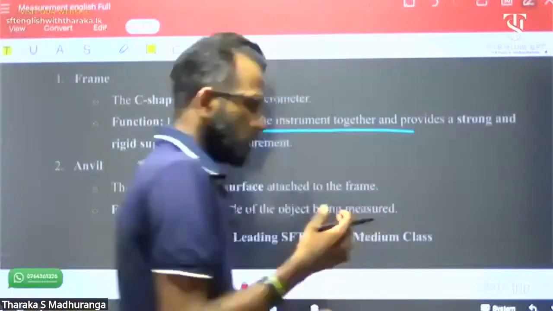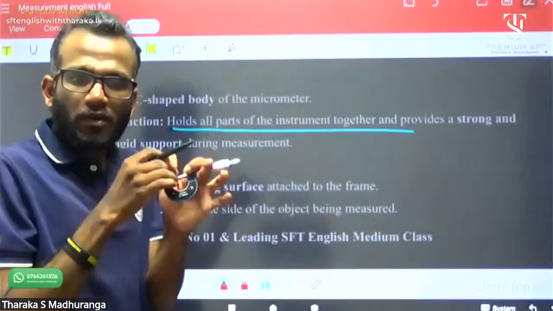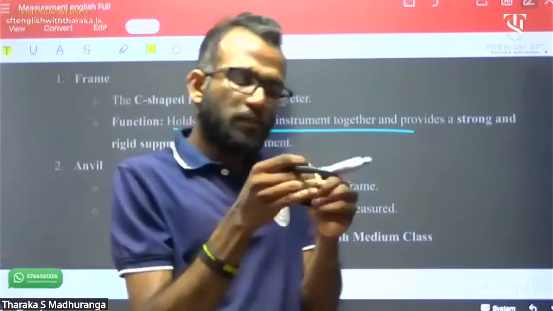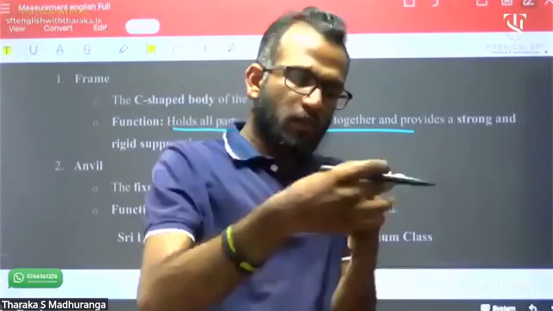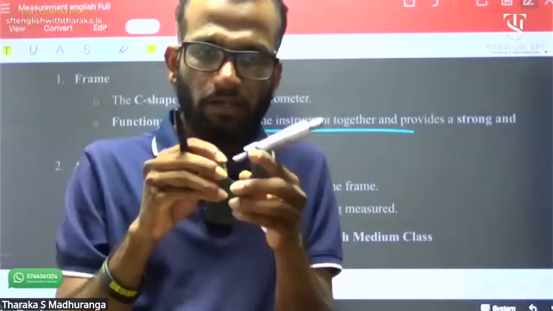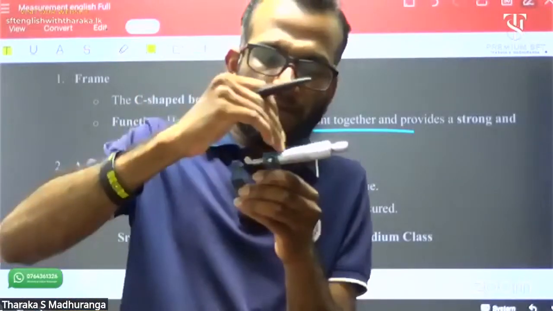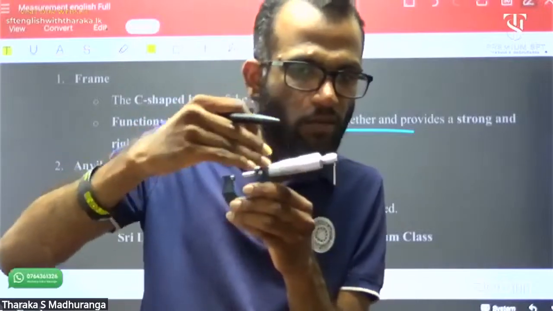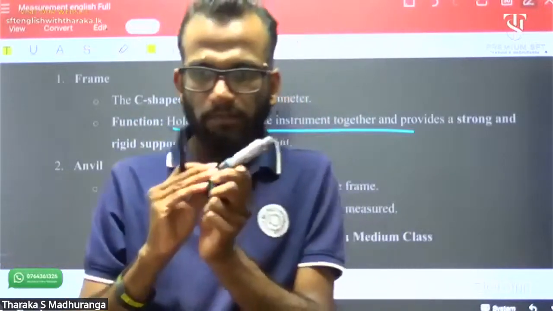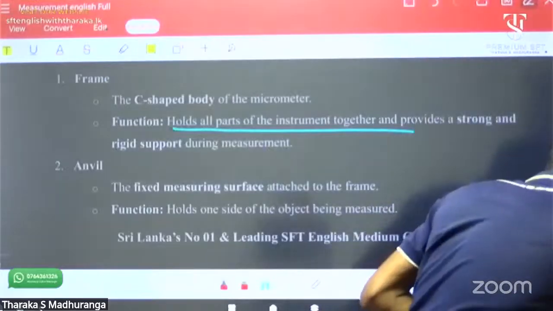That's a part. It holds all parts. You can see the anvil is connected to this U frame, the spindle is connected to the U frame, and the circular scale, linear scale, all parts are connected to this U frame. I'll show you. Wait.